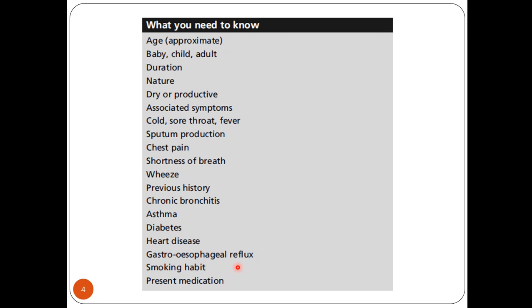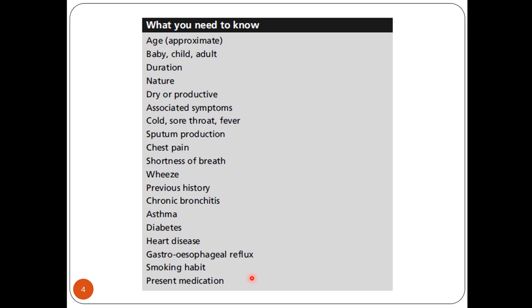Also, you should know the present medication, because a cough can arise from the patient's medication, such as the famous angiotensin converting enzyme inhibitors, which are associated with a dry cough, or sometimes beta blockers can also cause cough as a side effect.